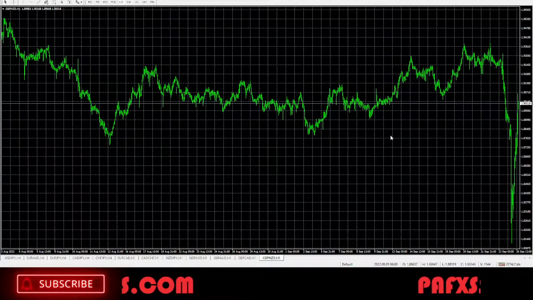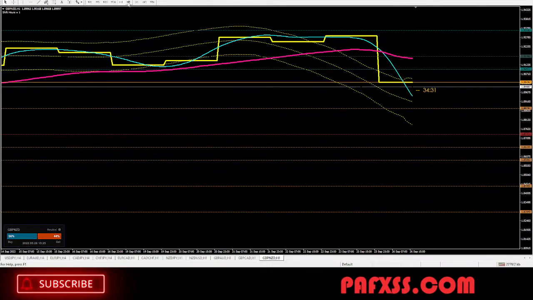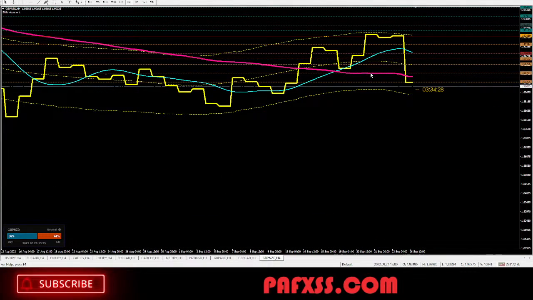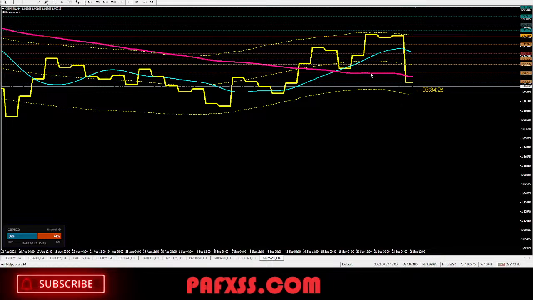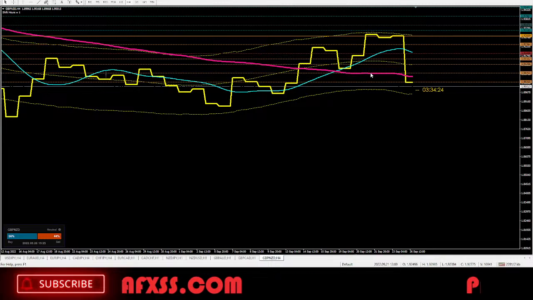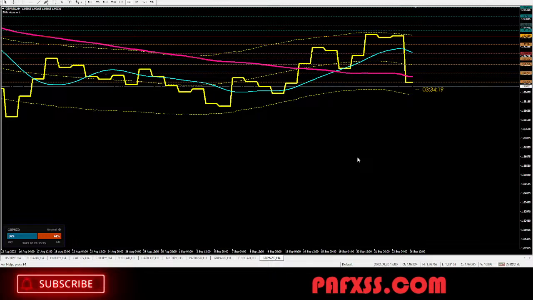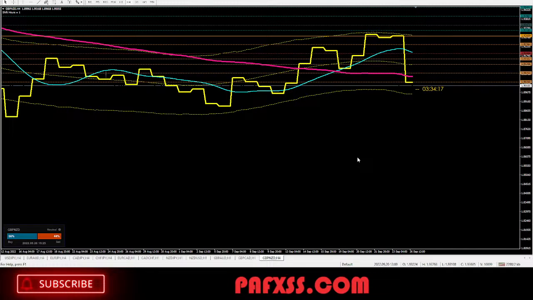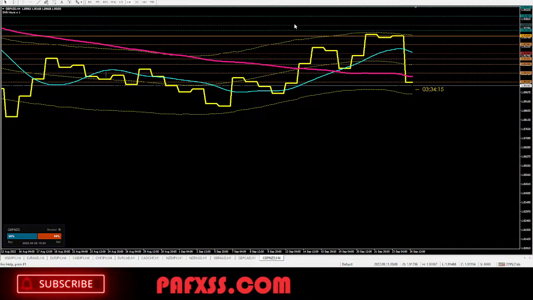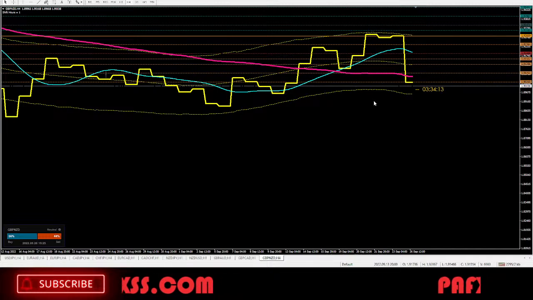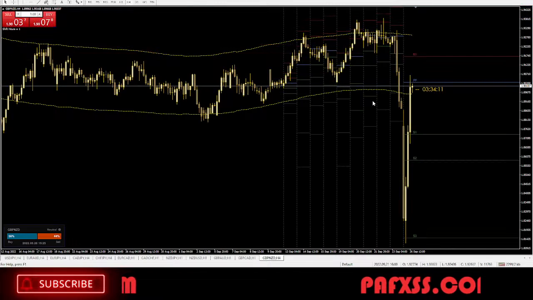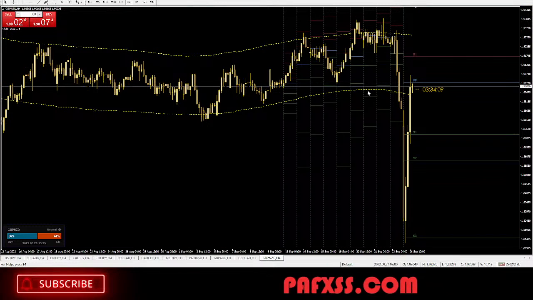Over here, we don't need to see the price until the setup is clearly there. After the setup is there, all the confirmation is there, then we switch to another template. Yeah, you know, to avoid confusion.